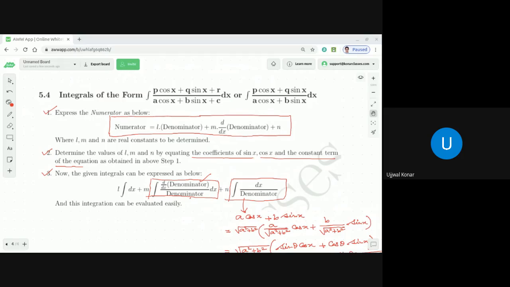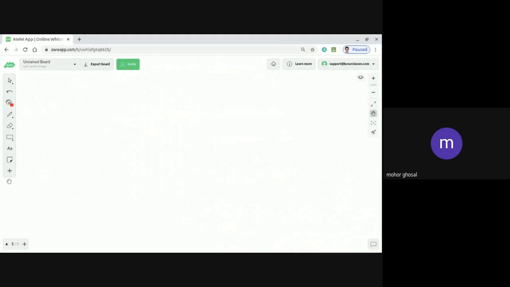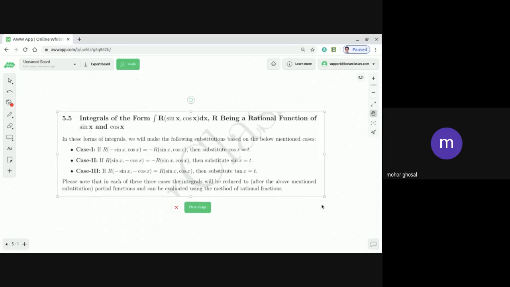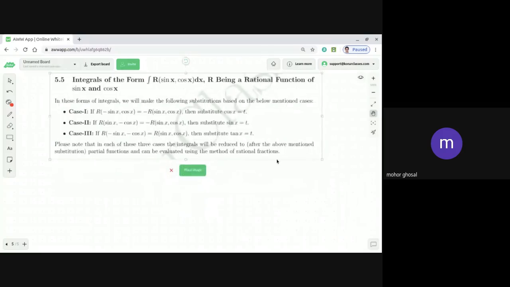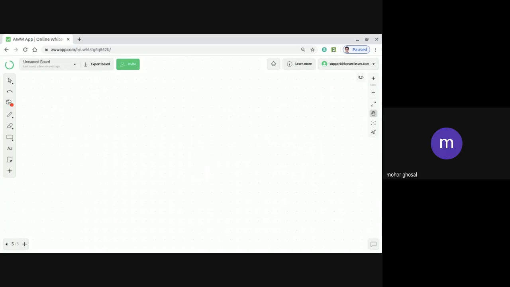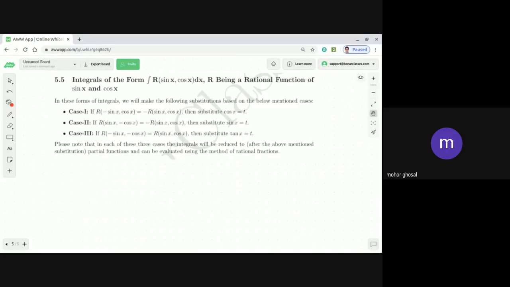it is a rational function stuff. So, a rational function of sin x and cos x. So what is it, dear students? That is an integral of the form r of sin x, cos x dx.